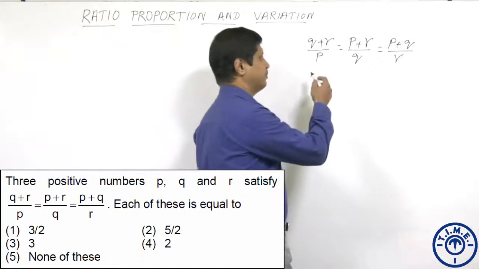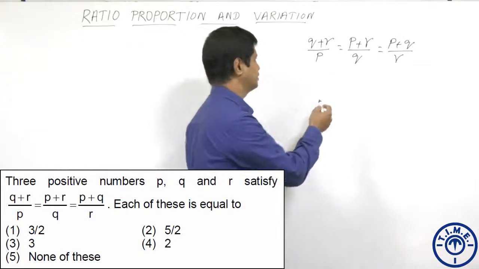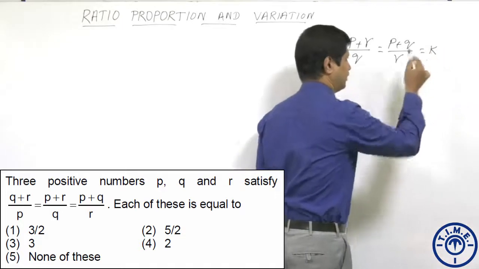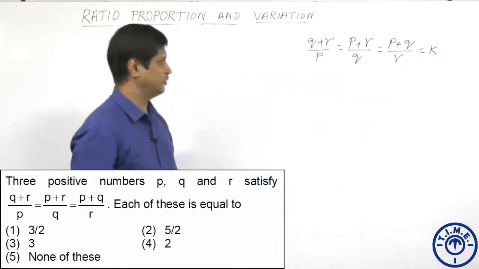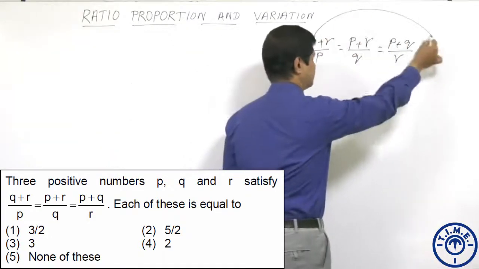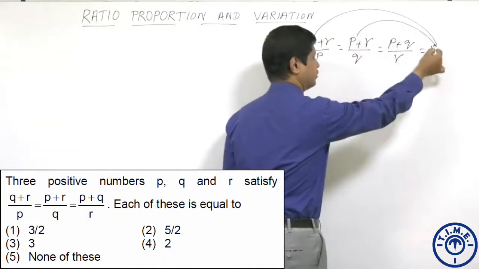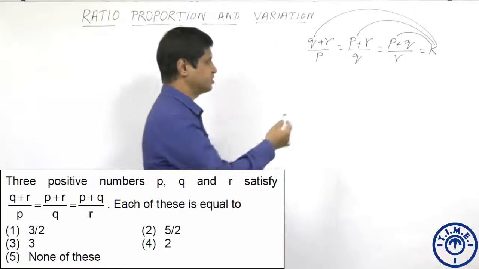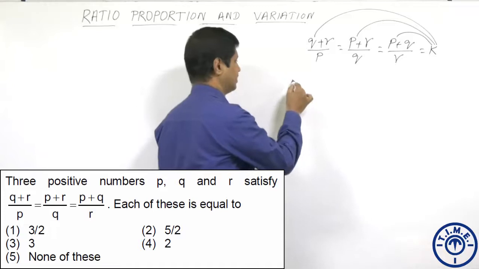Now I am equating all these parts to some constant k. Now the first part is equal to k, the second part is also equal to k, the third part is also equal to k.